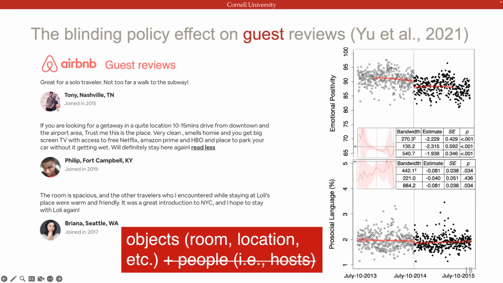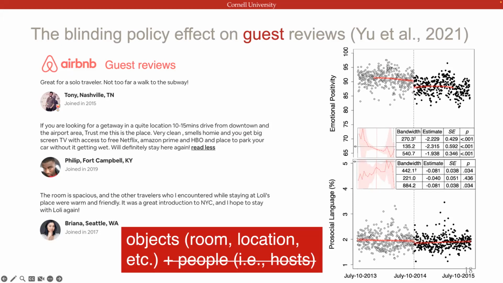Because for guest reviews, after the blending policy, with reduced pressure of reciprocity, the component of people in guest reviews will be reduced, and the component of objects in the reviews will be increased. Remember, previously I showed you for guest reviews, it mainly contains people and objects. So guest reviews will be more objective and less positive or pro-social.